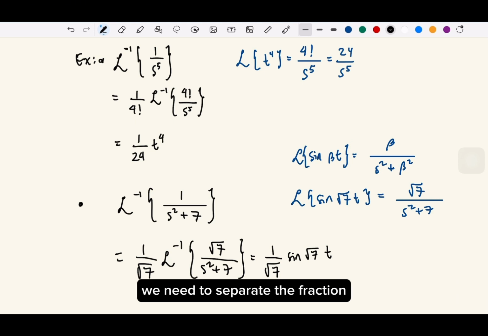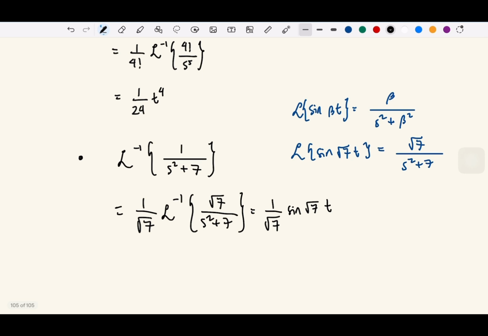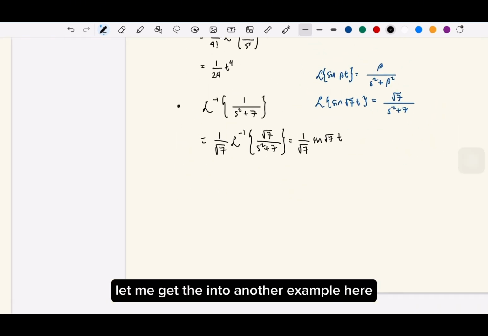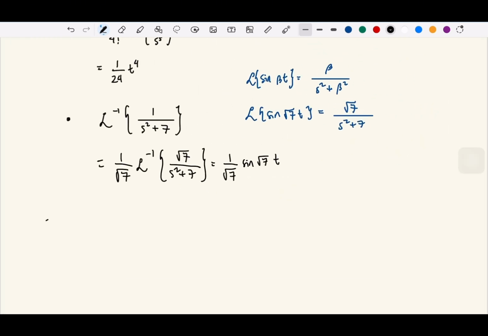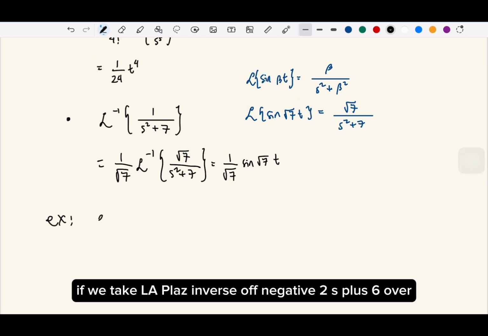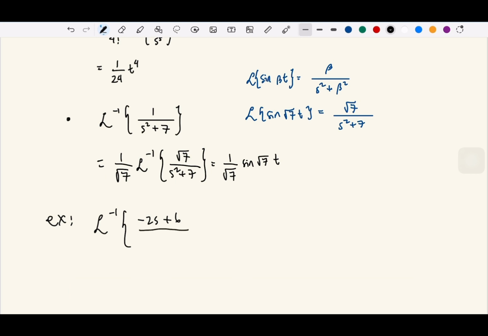For example, let me get into another example here. If we take Laplace inverse of negative 2s plus 6 over s squared plus 4.